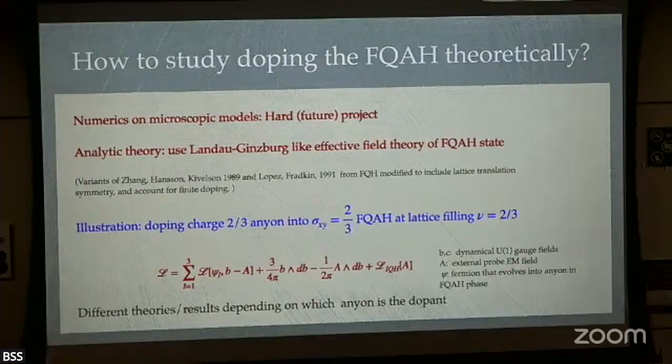Right? So we want to use a similar kind of Ginzburg-Landau theory to describe the parent state, and then use that Ginzburg-Landau theory to go away from the plateau and ask what happens when you dope. Right? And we also have to modify this description to include the lattice translation symmetry, which is a new ingredient now.